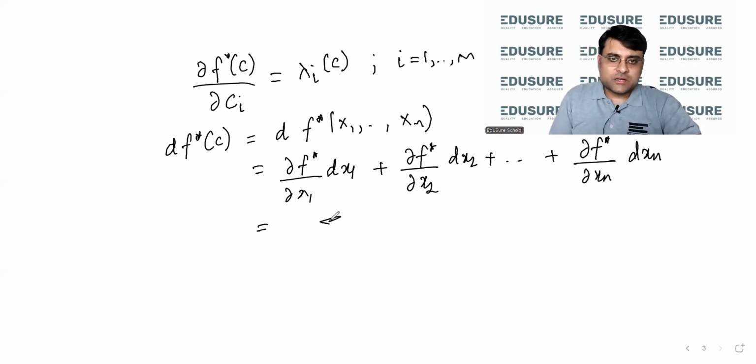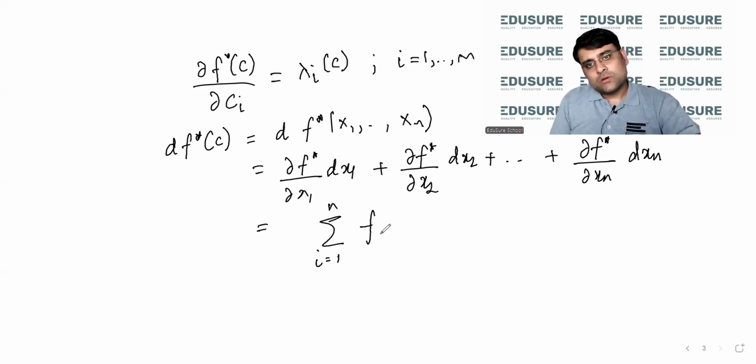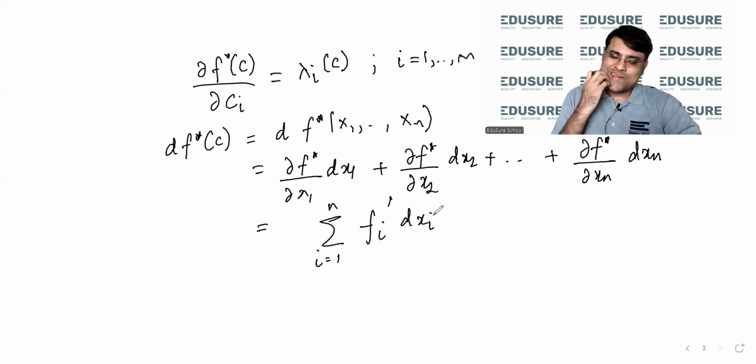This can basically be written as summation i equals 1 to n of fi dash dxi. I can write it like this.